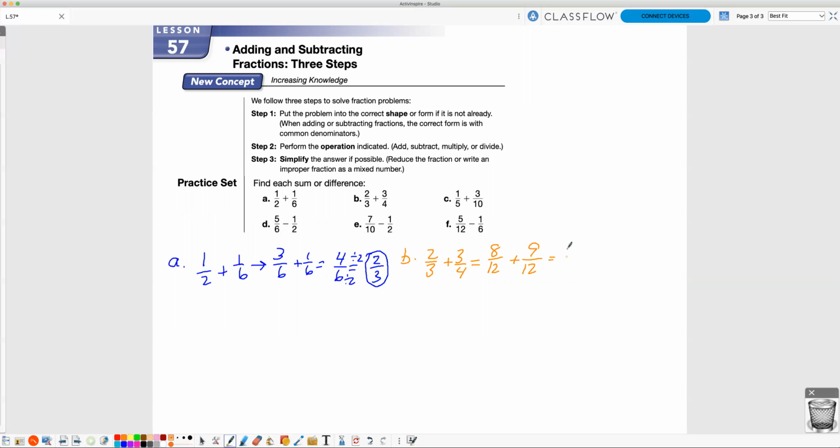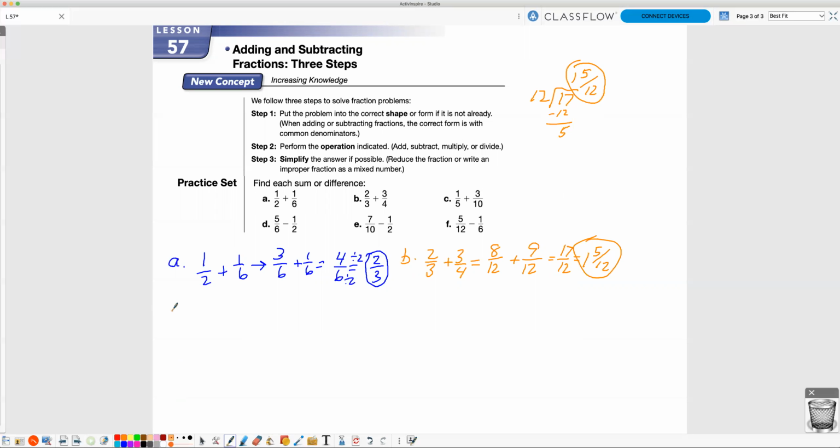This would end up being 17 twelfths, and I would recognize that that's the same as 17 divided by 12. 12 will go into 17 one time. There would be 5 left over. That would be the numerator. The denominator would be 12. So we end up with 1 and 5/12 for the answer for letter B.